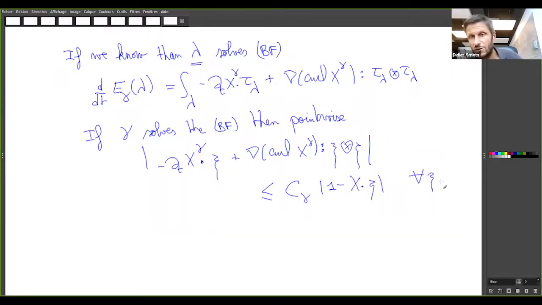So you see the conclusion comes from two totally distinct things. This formula comes from the fact that lambda solves the binormal curvature flow equation, the non-reference one, and this estimate only comes from the fact that little gamma solves the binormal curvature flow. But here I could put any unit vector field.